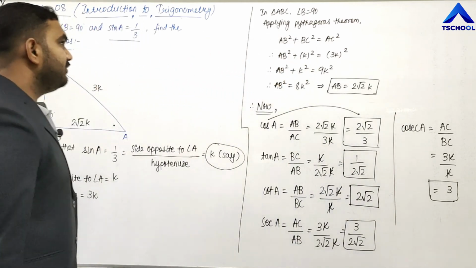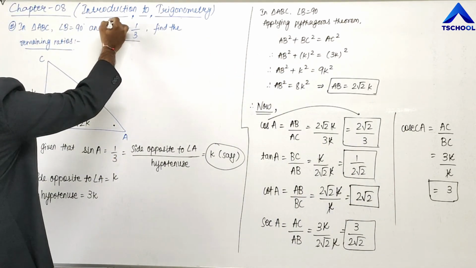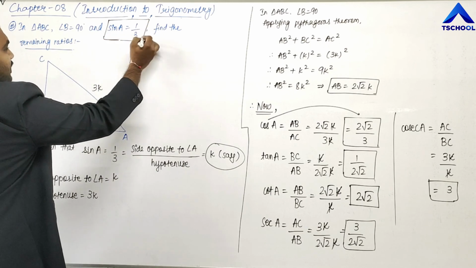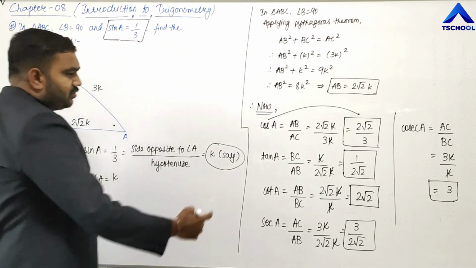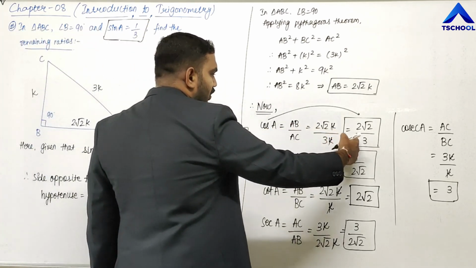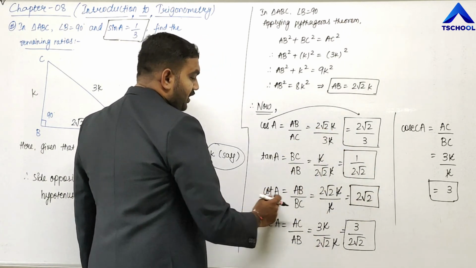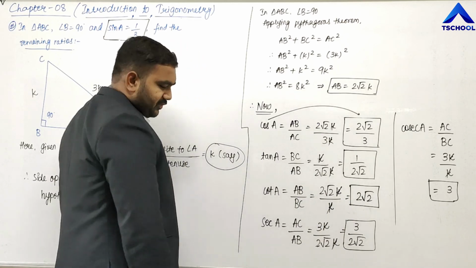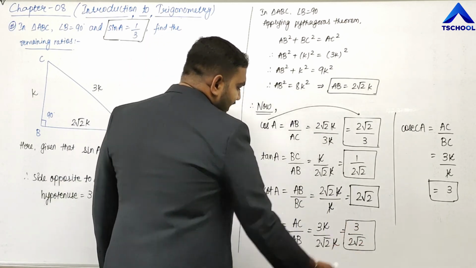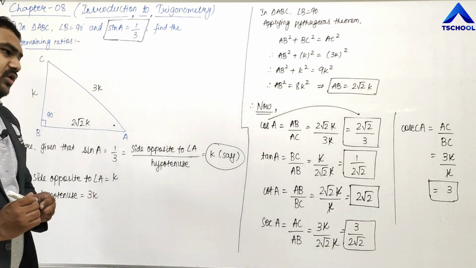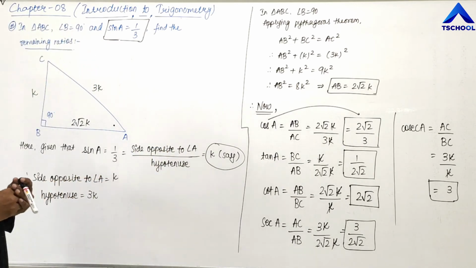One of them was given that sin A is equal to 1 upon 3. The remaining 5: cos A is 2 root 2 upon 3, tan A is 1 upon 2 root 2, cot A is simply 2 root 2 upon 1 or 2 root 2, sec A is 3 upon 2 root 2, and cosec A is 3.